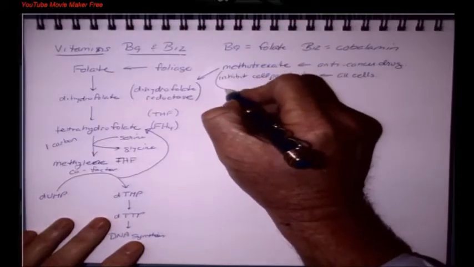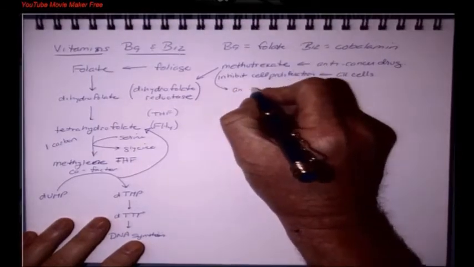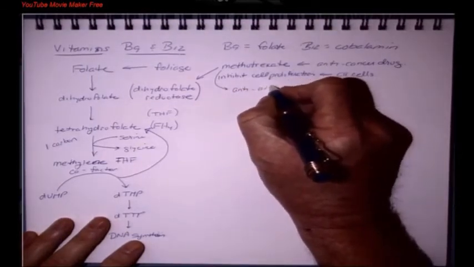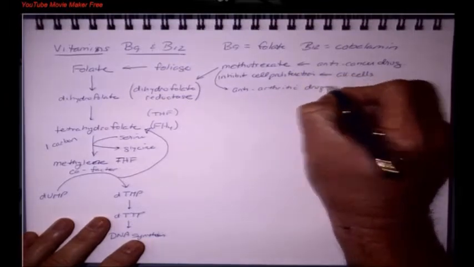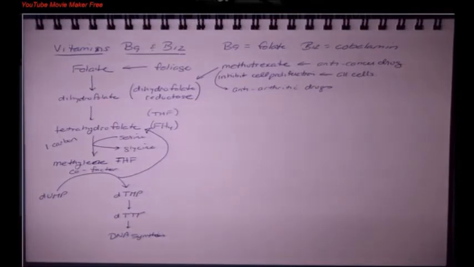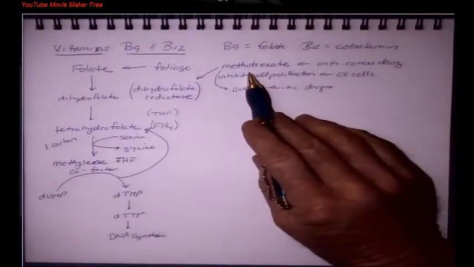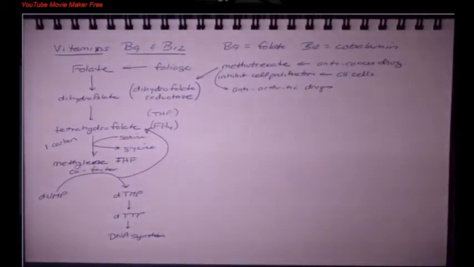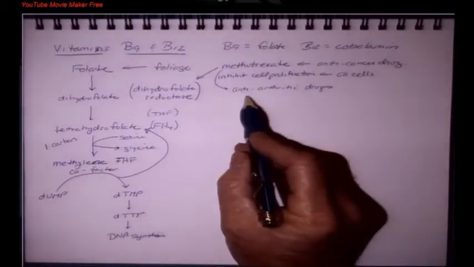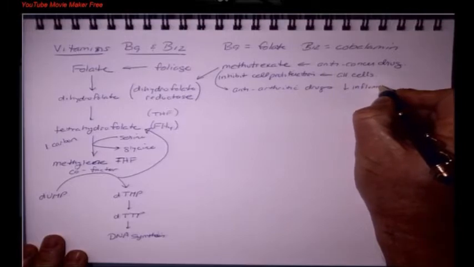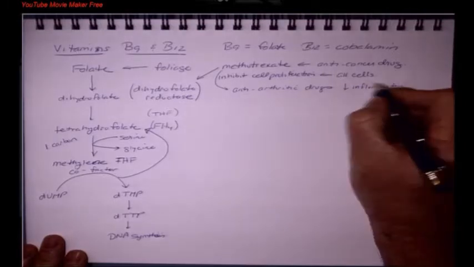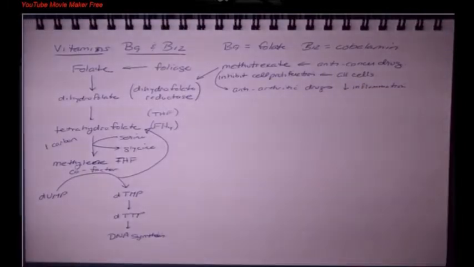And this is for anti-arthritic drugs. So this was discovered after the anti-cancer properties were established. And the reasoning for this is that if you inhibit cell proliferation, you could potentially reduce the inflammatory response in arthritis.